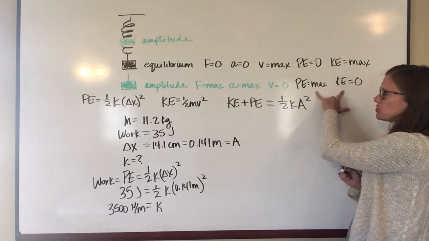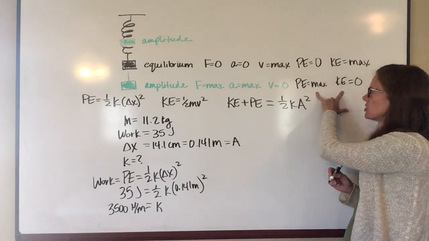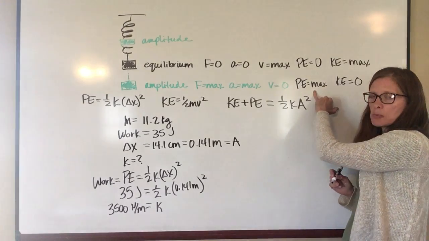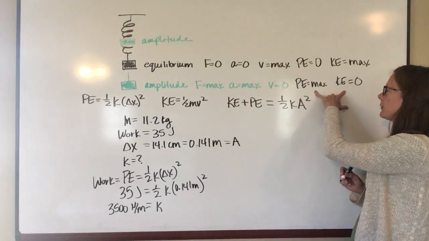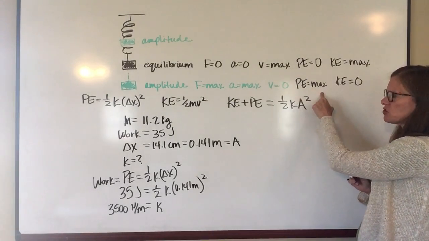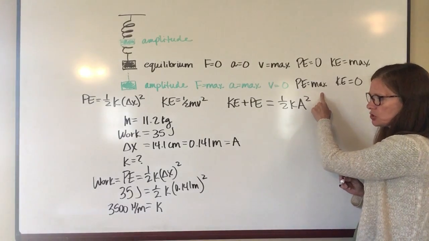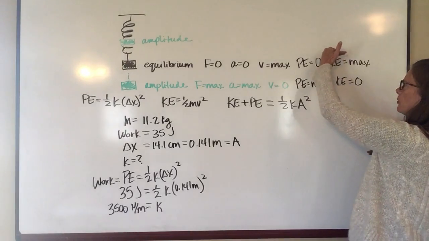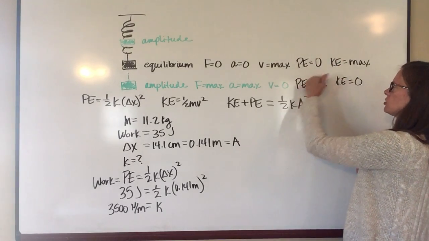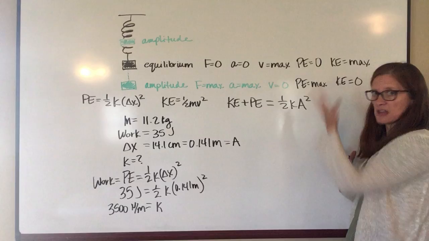Well, at the amplitude, I have the exact opposite situation, where the potential energy was at its max and the kinetic energy was equal to 0. So if I knew what the potential energy was at the amplitude, which was 35 joules, once it gets to the equilibrium position, all the potential energy has been converted to kinetic energy, yes?